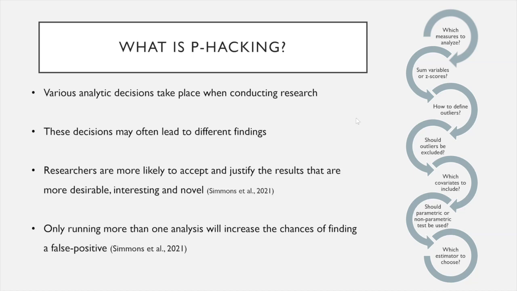For instance, a researcher can do two analyses, one with the outliers and another one without the outliers, and they can convince themselves that the analysis that led to the more desirable, statistically significant results is the better option. And thus they report only these results. And this behavior is called p-hacking.